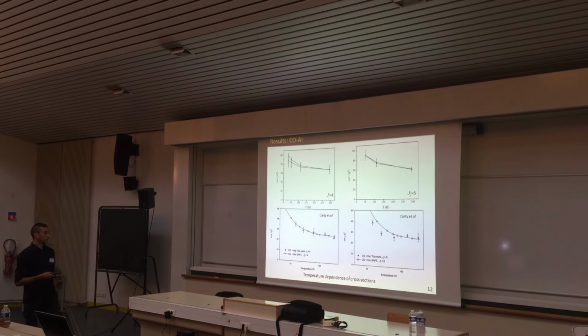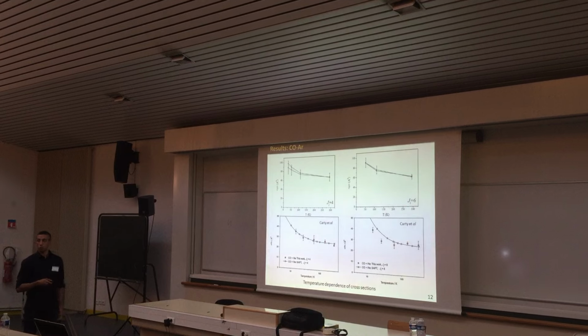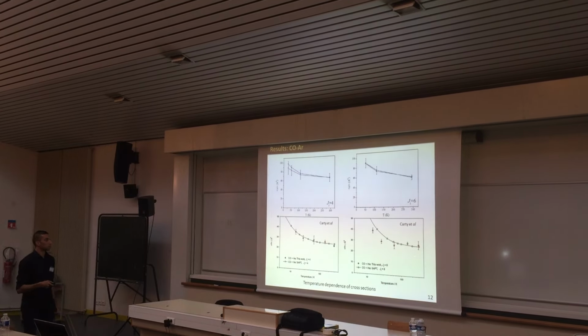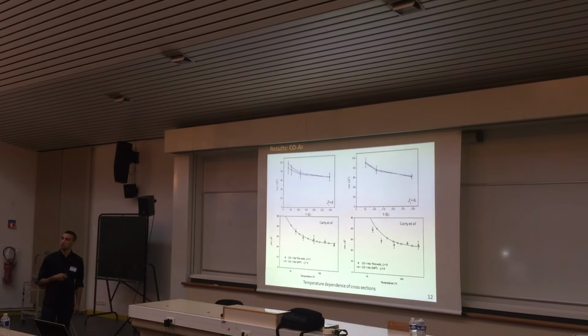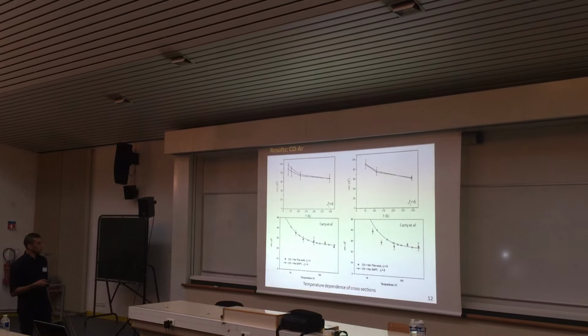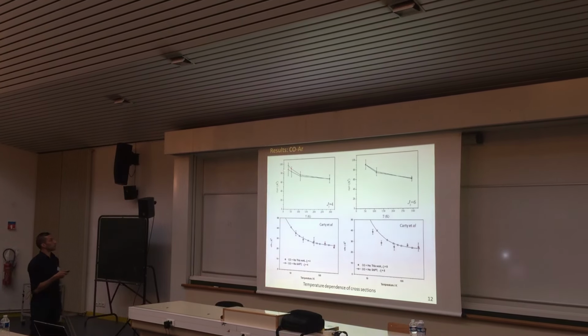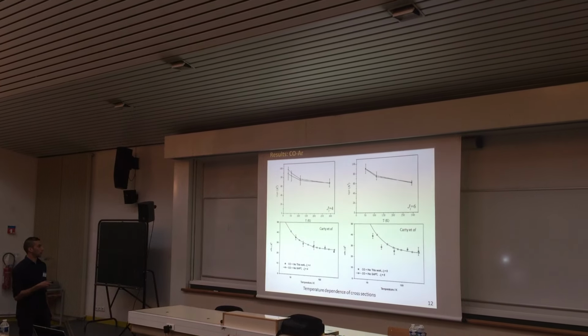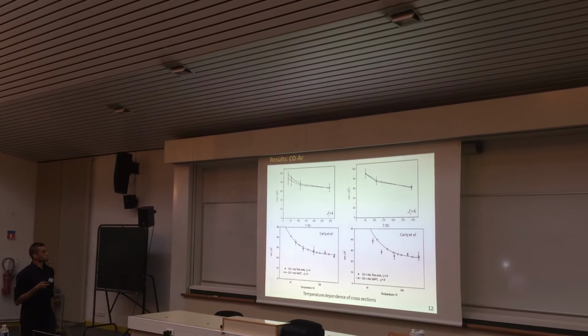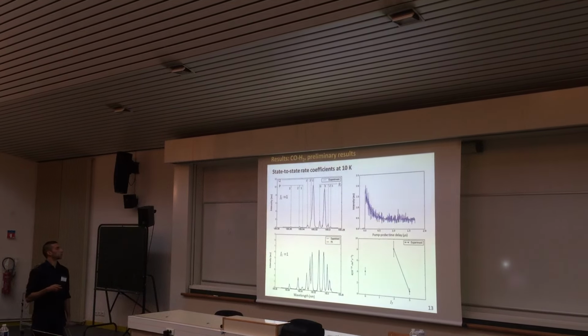This trend has actually been seen before in the CO-helium system, but we noticed a cross-section higher than for CO-helium. So that's all for CO-argon, and I give here just some preliminary results of the CO-H2 system.